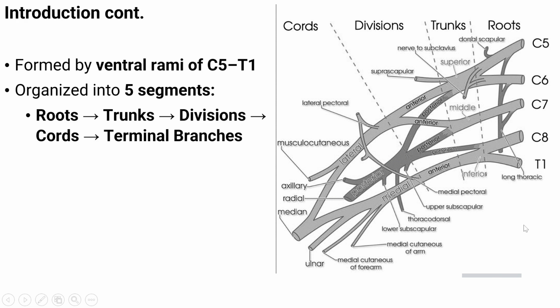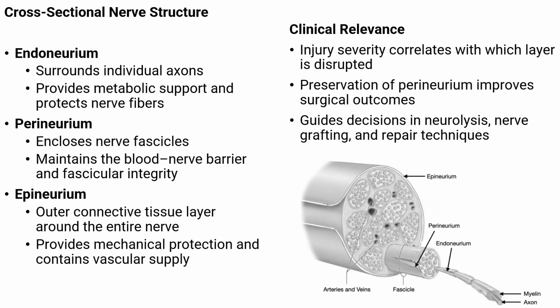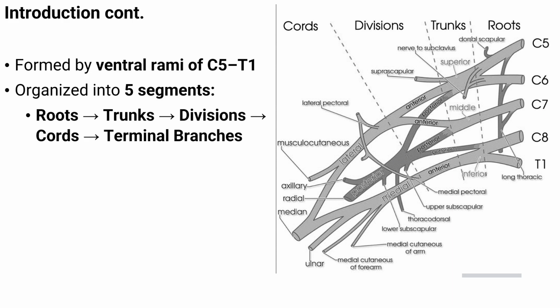Finally, these cords give rise to the terminal branches that control the muscles and skin of the arm, including the musculocutaneous, axillary, radial, median, and ulnar nerves. Some important branches also come off along the way, like the suprascapular, dorsal scapular, and pectoral nerves, supplying key shoulder and chest muscles.